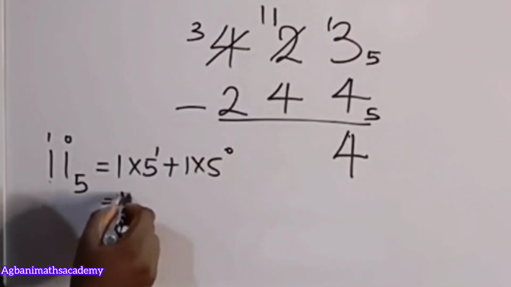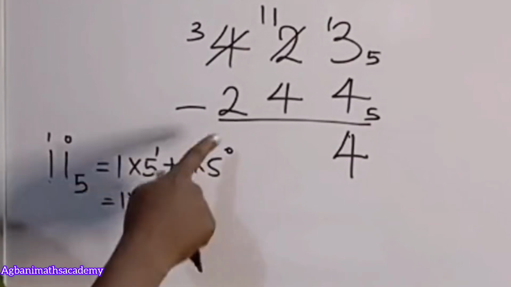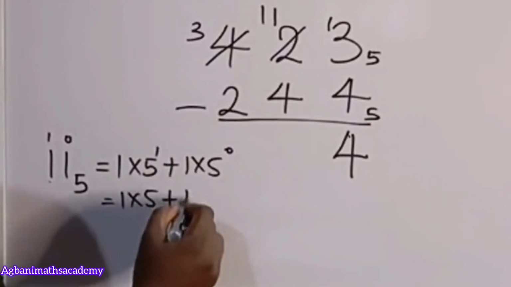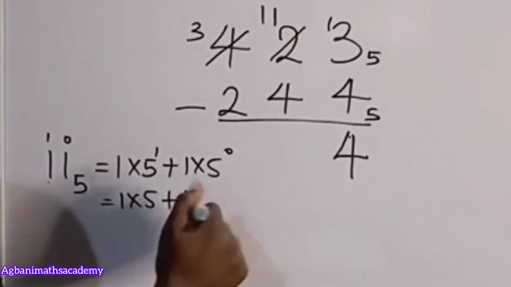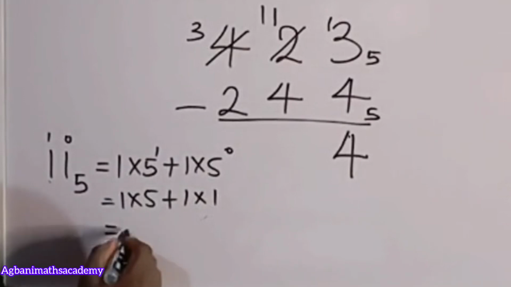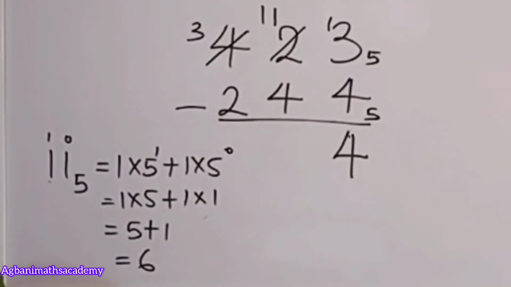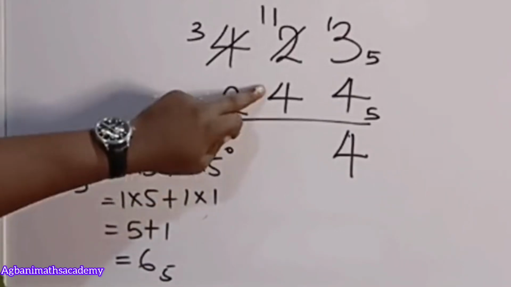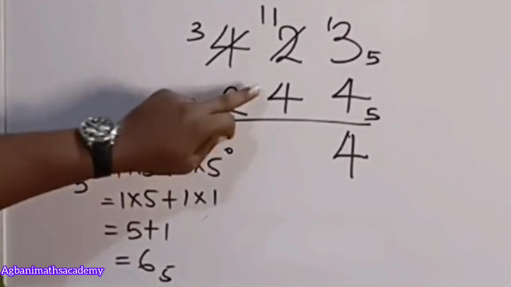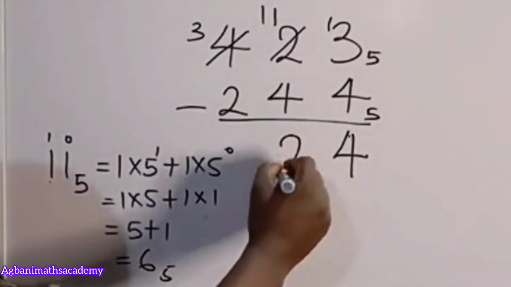So this will give us 1 times 5 plus 5 to the power of 0 is 1. So 1 plus 1 times 1. So 5 plus 1, which gives us 6. So we're going to use this 6 to subtract 4. So 6 minus 4 is going to give us 2.